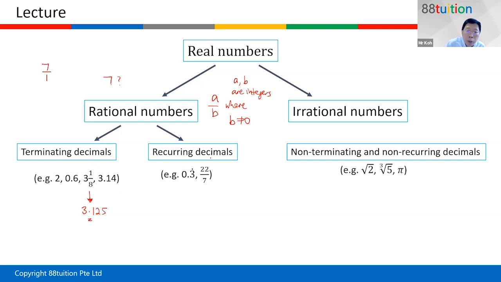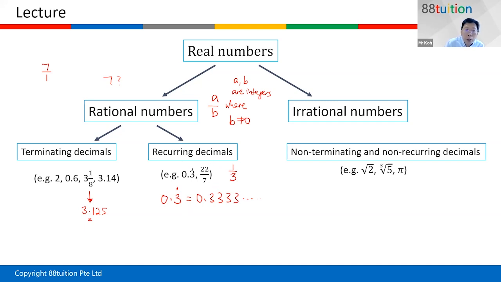Now, what about recurring? Recurring means there's one particular number that repeats itself. For instance, when I write 0.3 with a dot, it means 0.3333 non-stop. If this is a recurring decimal, then Mr. Koh would like to ask, what about 1/3? Is 1/3 a recurring decimal as well?